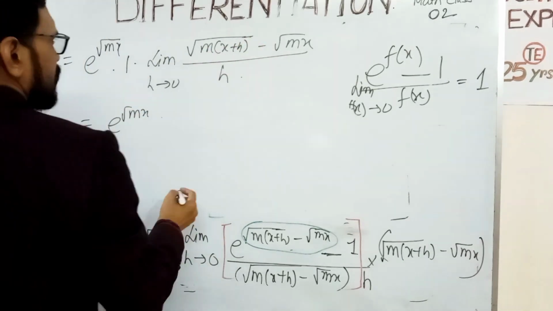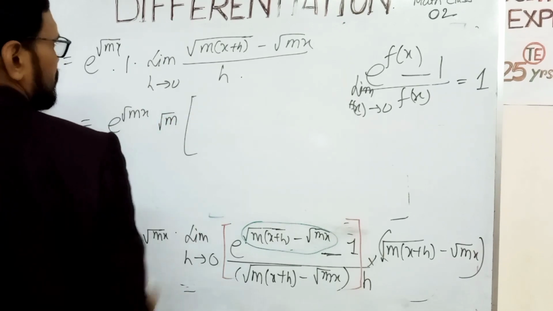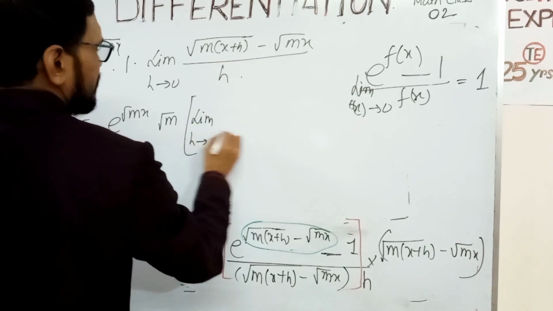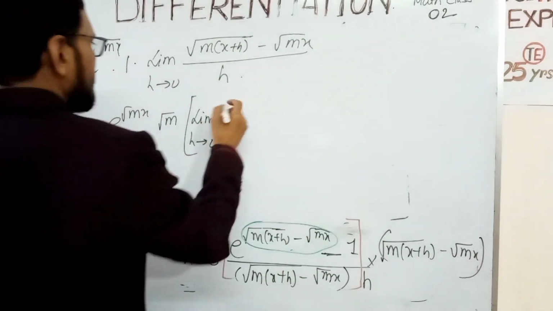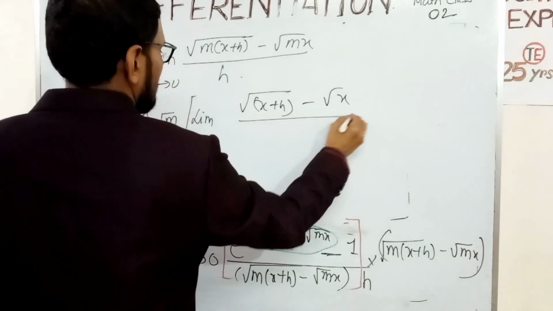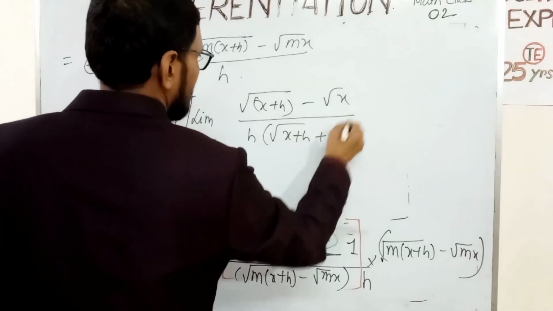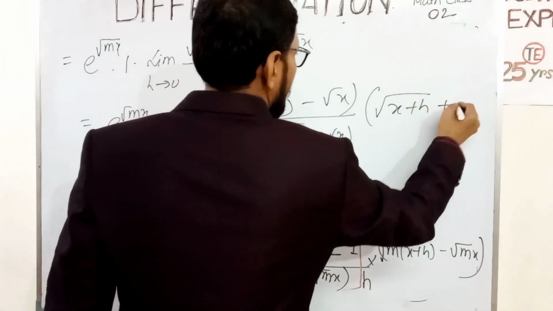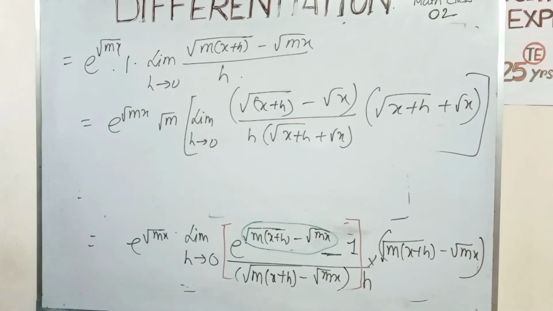So take common root over m from this, and by rationalizing this we get this.